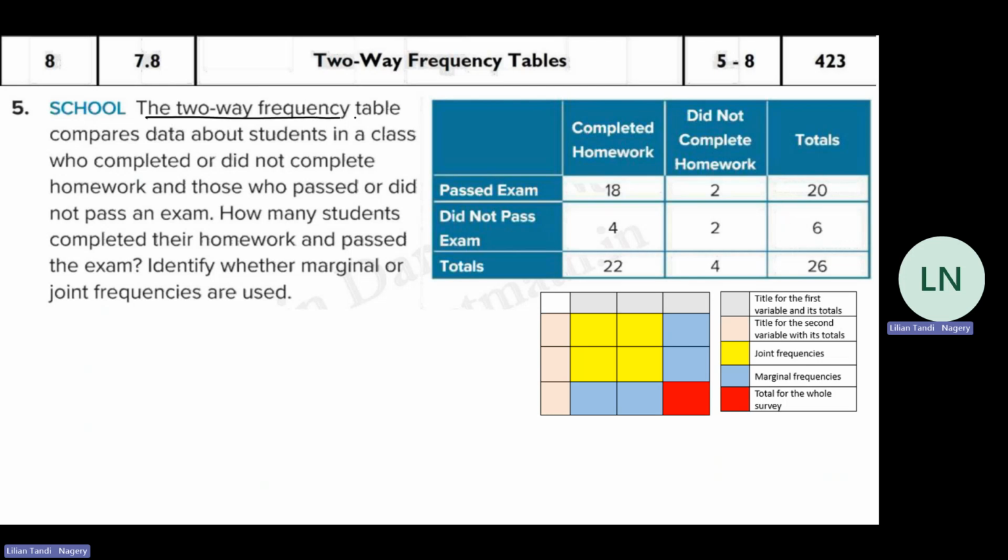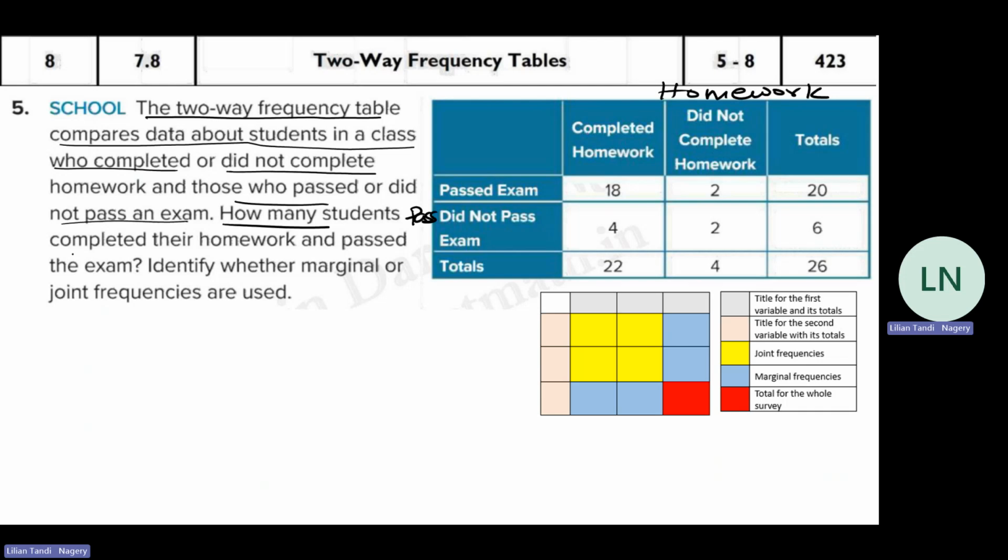The two-way frequency table compares data about students in the class who completed or did not complete homework. So my first variable is homework. My second variable is passing, okay? And those who passed or did not pass an exam.